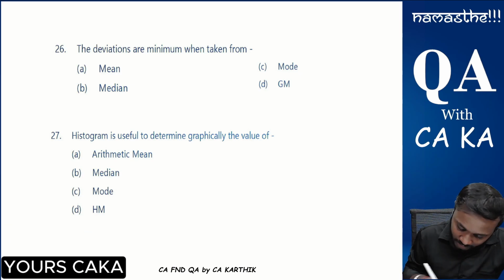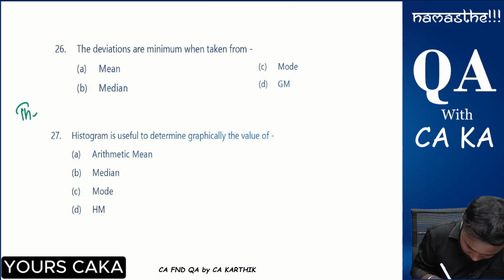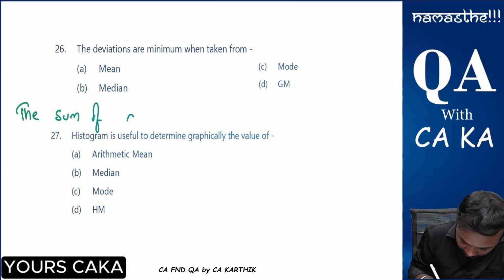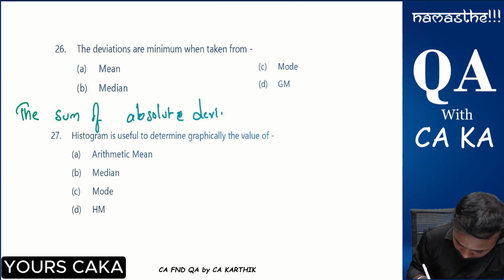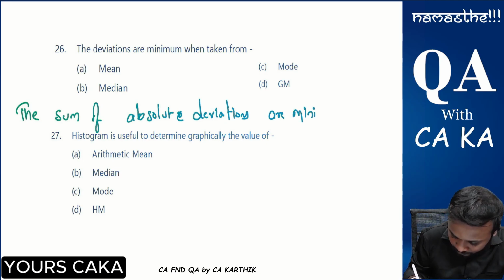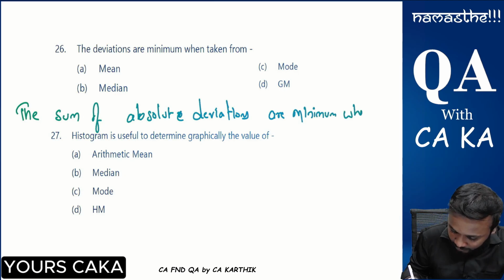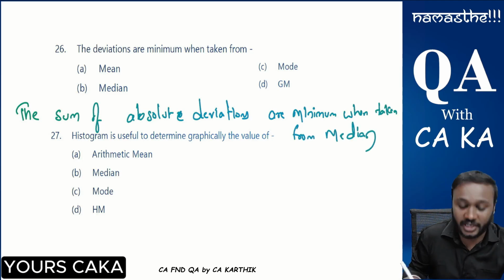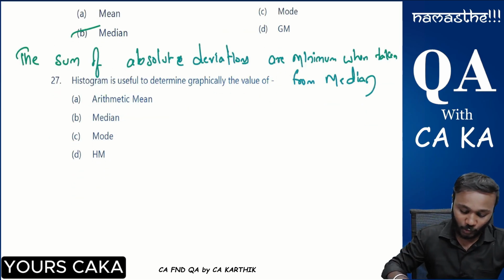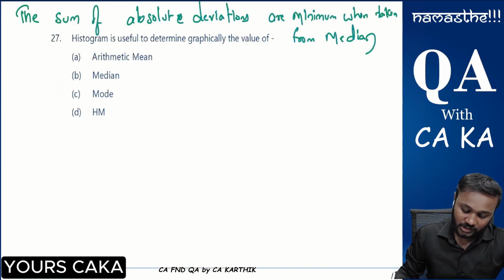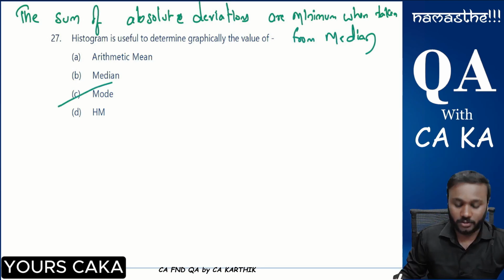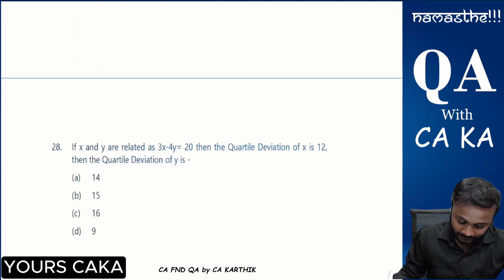Straight away, we know that the sum of absolute deviations are minimum when taken from median. So this is your right statement. In the examination, you'll get the correct statement. Don't worry. The histogram is useful to determine graphically the value of mode. Straight away, the option is C.